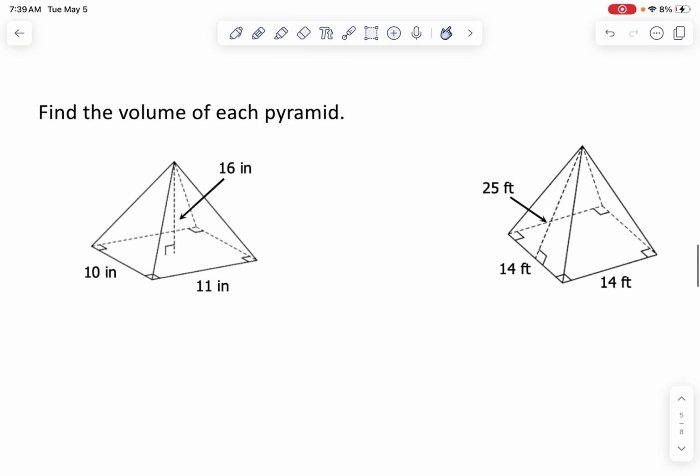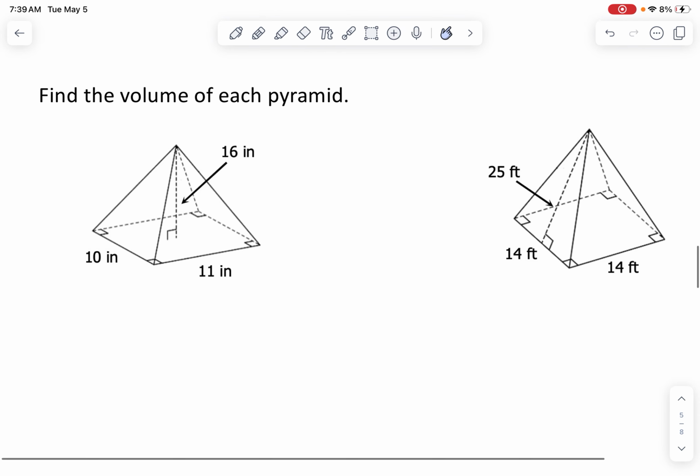So if I want to find the volume of this pyramid on the left, and then we'll do the one on the right, I really just need to start by finding the area of the base first, and then we can go into the volume.